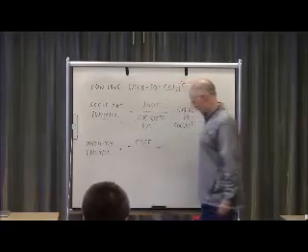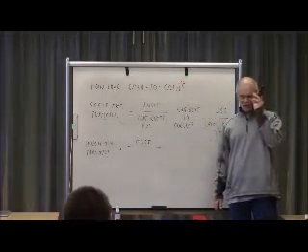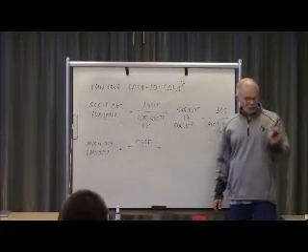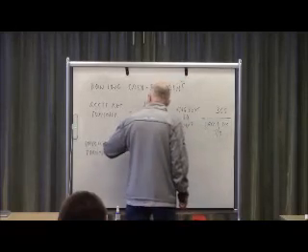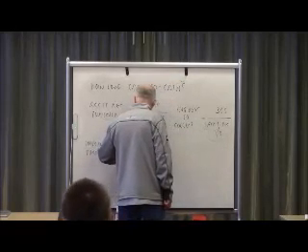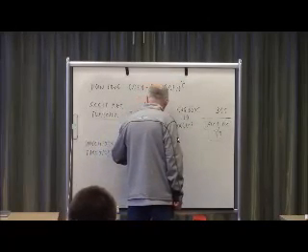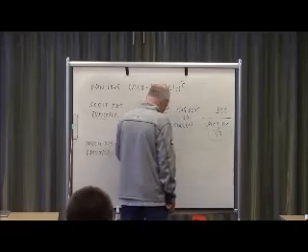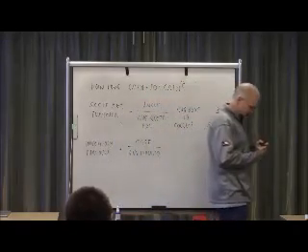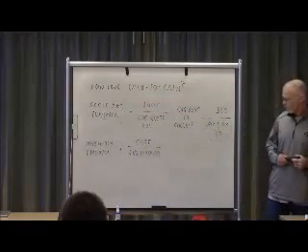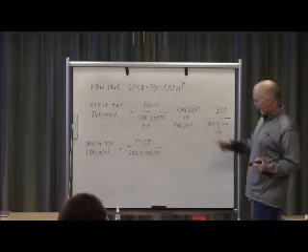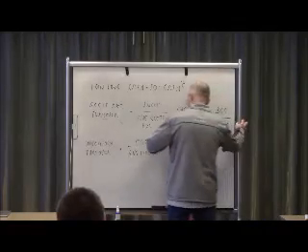COGS, that's my abbreviation for cost of goods sold. So you've got cost of goods sold divided by average inventory, and same idea as up here.